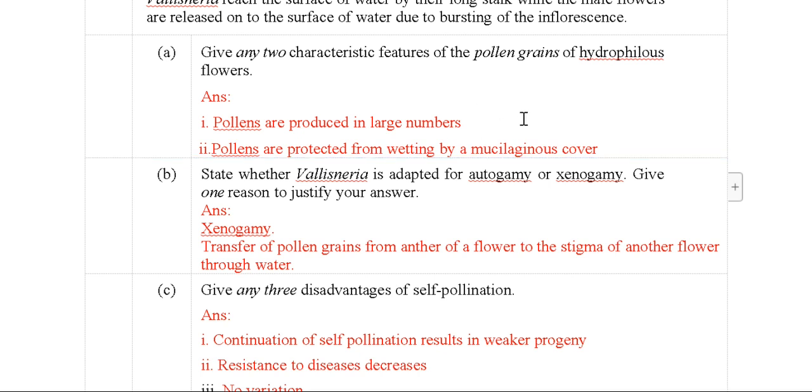As they stay on the water, there is a chance of damage to the pollen grain due to continuous contact with water. So the pollen grains of water pollinated flowers are totally surrounded by a mucilage layer, called a mucilaginous cover. So these two features are present on the pollen grains of hydrophilous flowers.